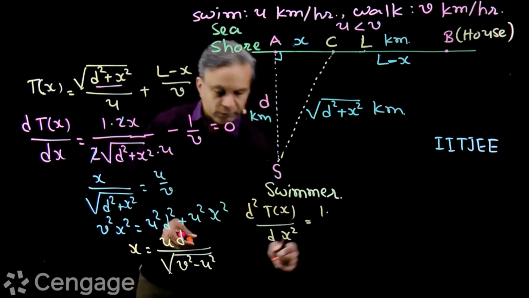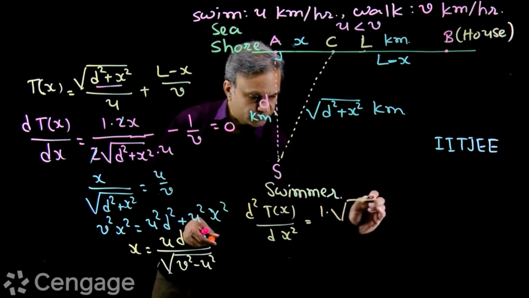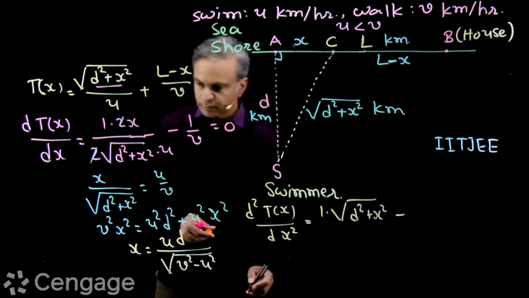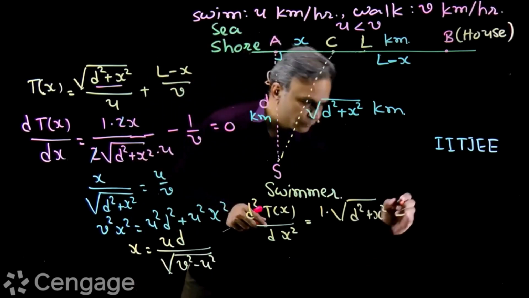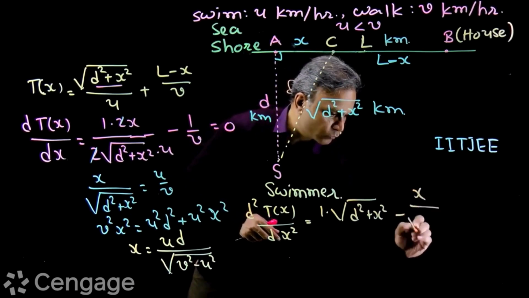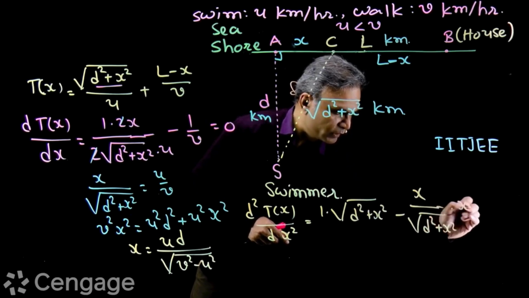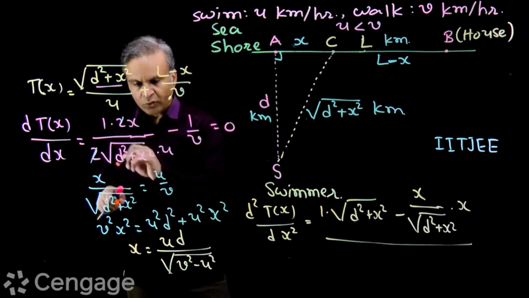It will be 1 into denominator, okay, minus derivative of denominator root d square plus x square derivative. It will be x over root d square plus x square multiplied by numerator divided by square of denominator, okay.